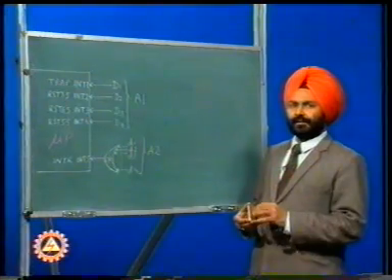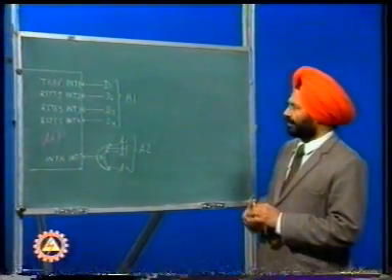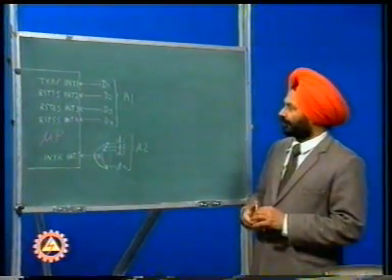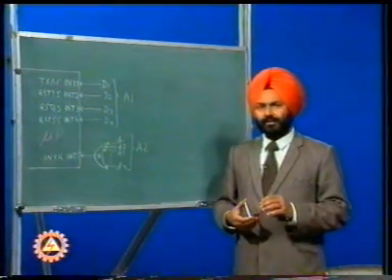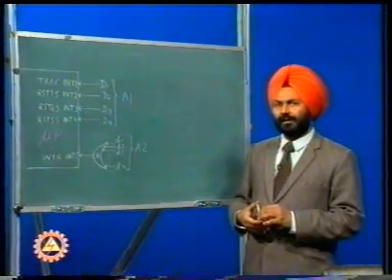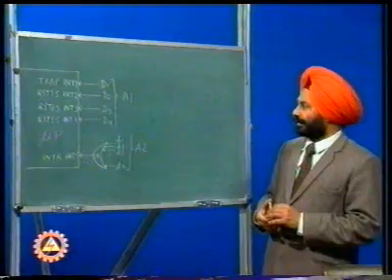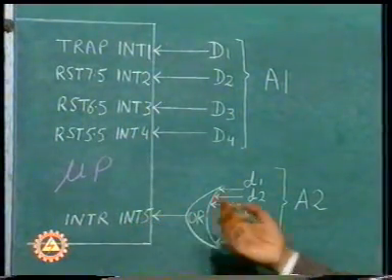It is very simple to service such interrupts, dedicated one for each device. But that facility cannot be offered to several devices because of the limitations of the number of pins on a microprocessor. For that matter, the alternative can be that we have a general purpose interrupt like int5.